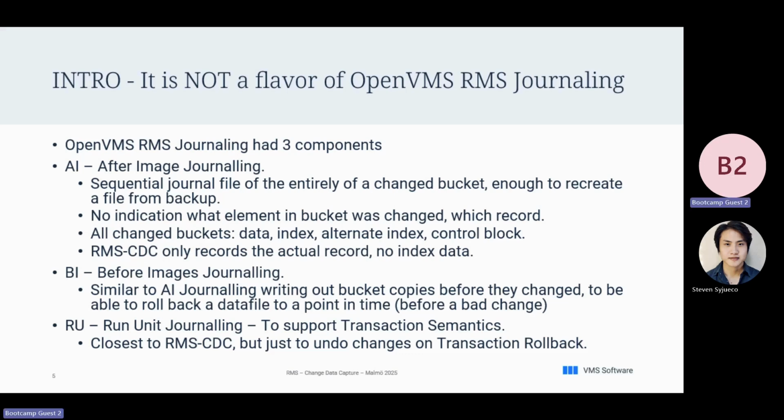It is not a flavor of RMS journaling, and it cannot be. So journaling had 3 components: after image journaling, before image journaling, run unit journaling. The RMS after image journaling was not record aware. It didn't know what record you were changing. It only knew which block you were changing. It didn't even know whether you were changing a data block or an index block or an alternate index block.